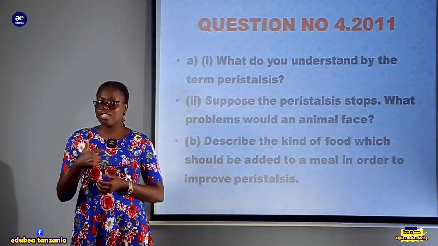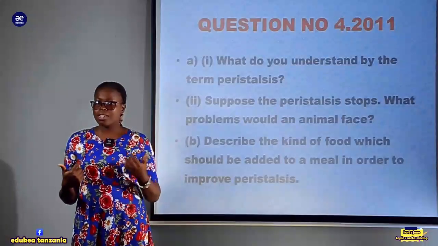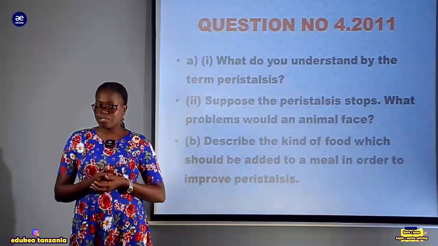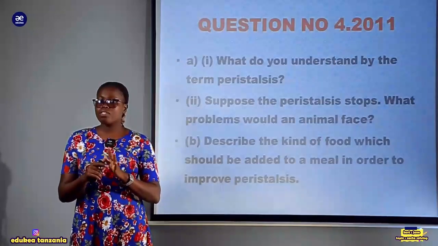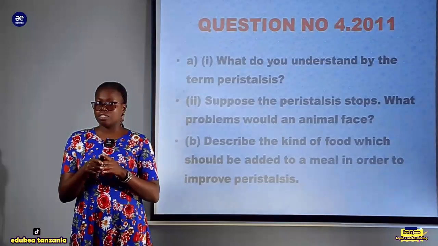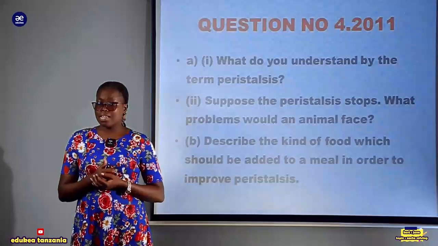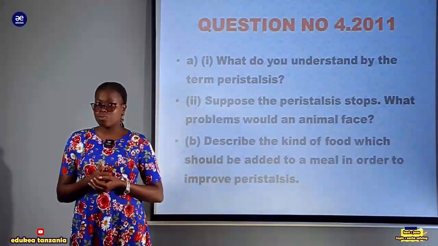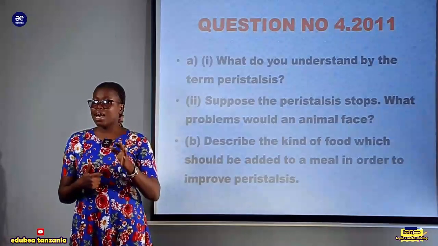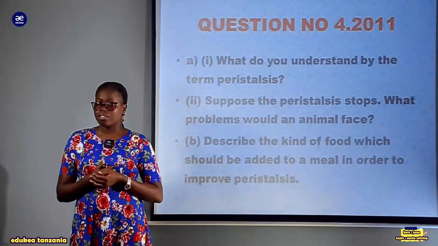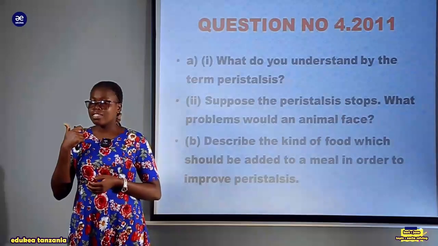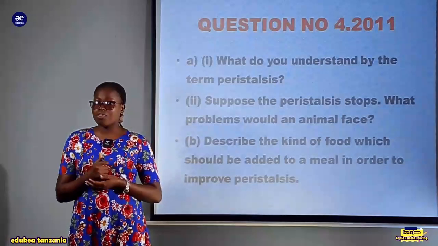So once the food moves, due to the contraction and relaxation of these muscles, they bring about the wave-like motion, and that wave-like motion is the peristalsis. Within the esophagus there is smooth muscle. These are involuntary muscles, so they work without the control of the brain.